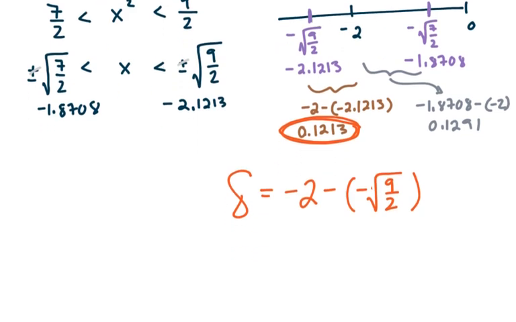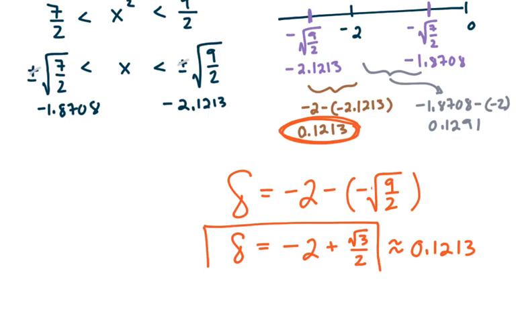Or rather, simplifying that, delta equals -2 plus the square root of 9/2, which is roughly 0.1213. And that's how I can determine delta given epsilon.